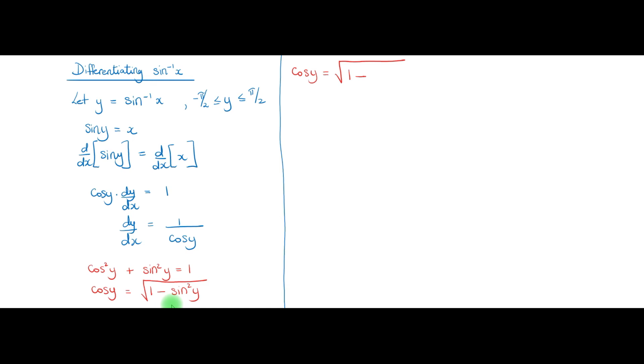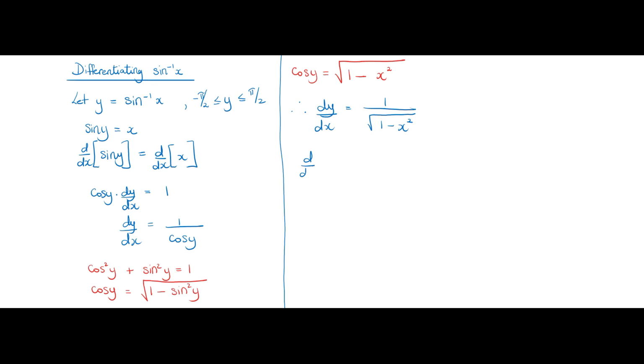Can go back to my dy dx. Therefore, dy dx is equal to 1 over cos y, and this is cos y. So 1 over the square root of 1 minus x squared. And that's the derivative for sine inverse of x.